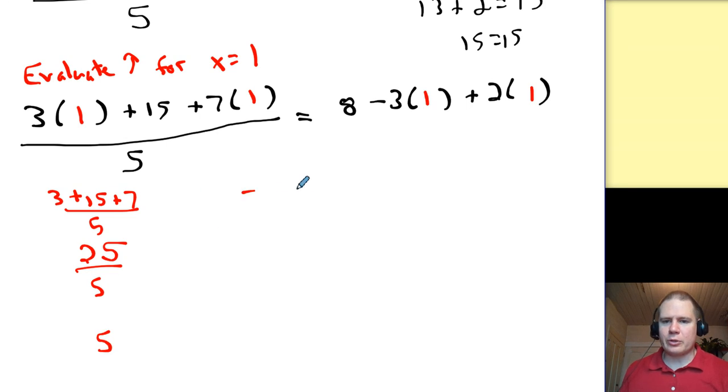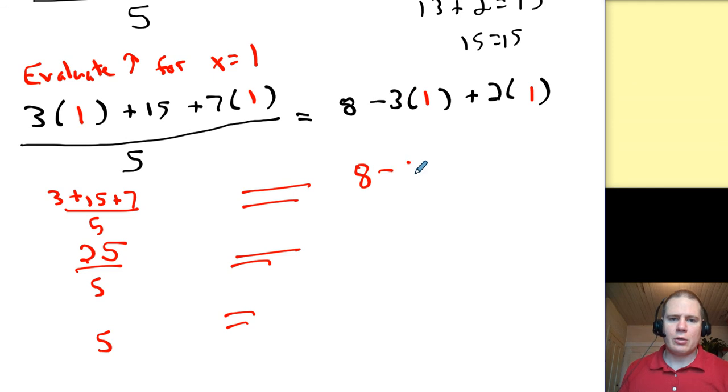So this expression is 5. Over here, 8, 3 times 1 is 3. 2 times 1 is 2. Now I might be tempted to say 3 plus 2 is 5, but I'm not subtracting 5. This 3 is going backwards, the 2 is going forwards, the 8 is going forwards. 8 and 2 are going forwards, 10.